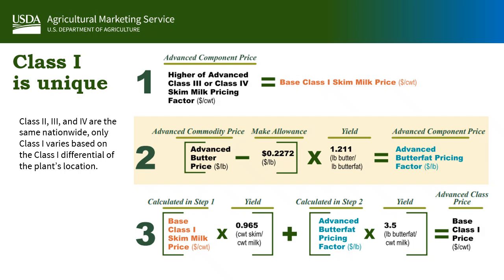Step 3 is to then multiply the base Class 1 skim price times its yield factor to the advanced butterfat price times its yield factor, as shown. The result is the base Class 1 price that applies to all regulated plants that produce Class 1 products. However, the actual Class 1 price plants pay varies by region, so let's talk about Class 1 differentials on the next slide.